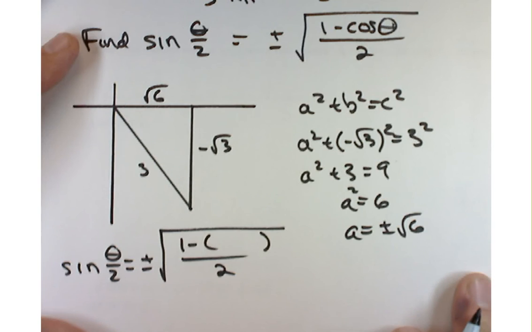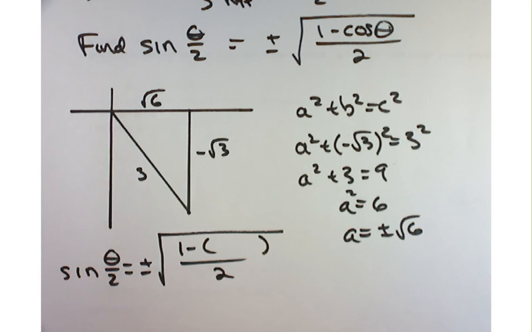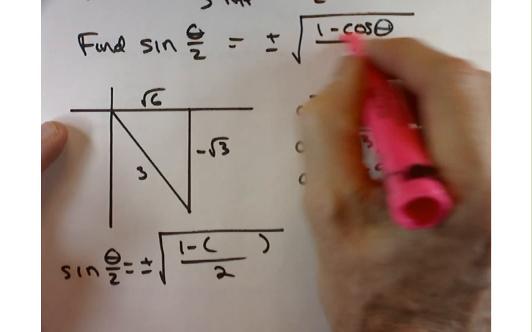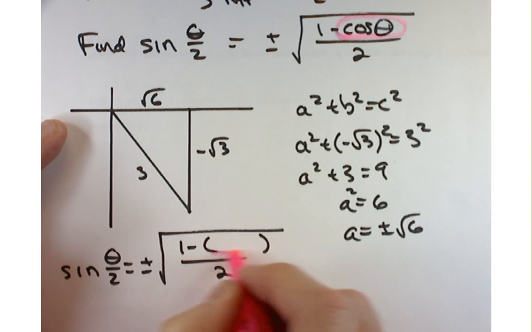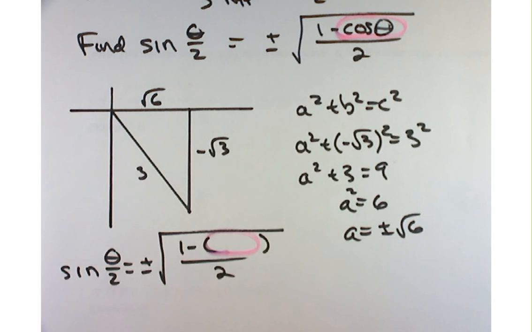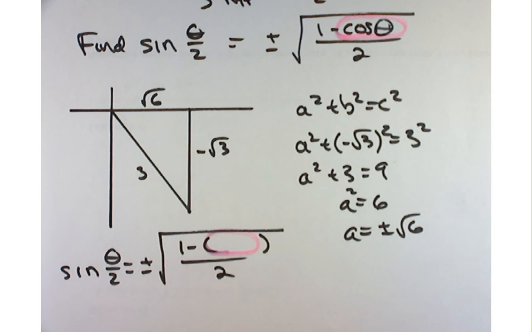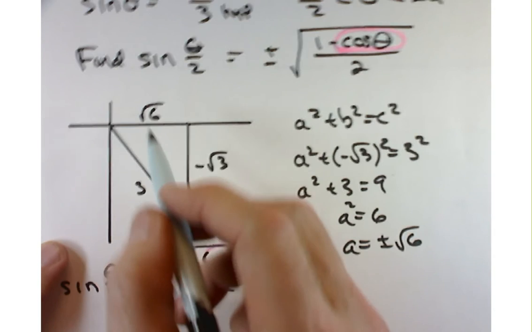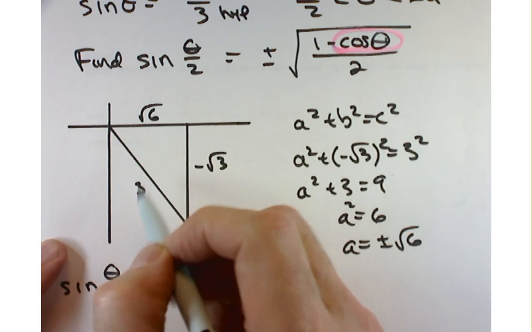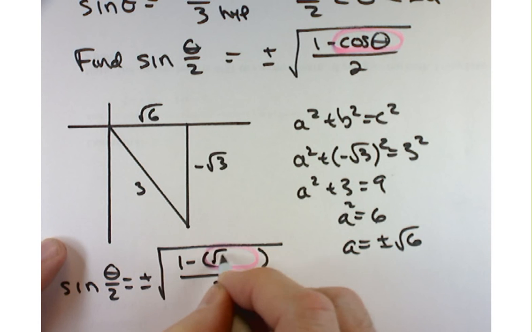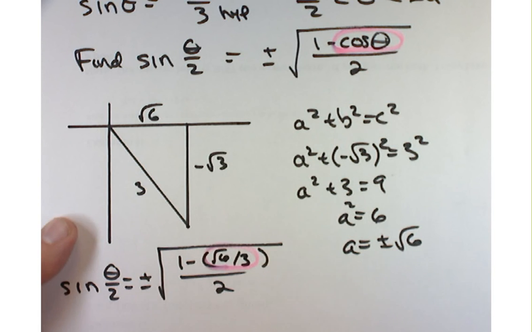What's the cosine of theta? Cosine is, you're right, adjacent over hypotenuse, square root of 6 over 3. And that's the key step here, is getting that number.